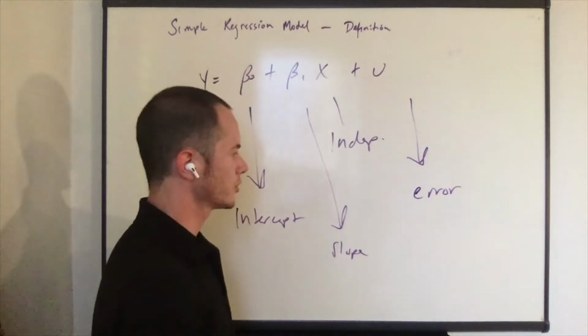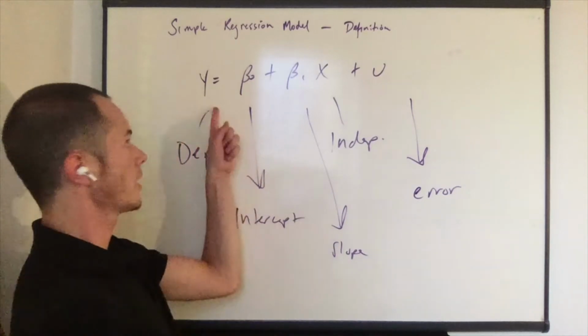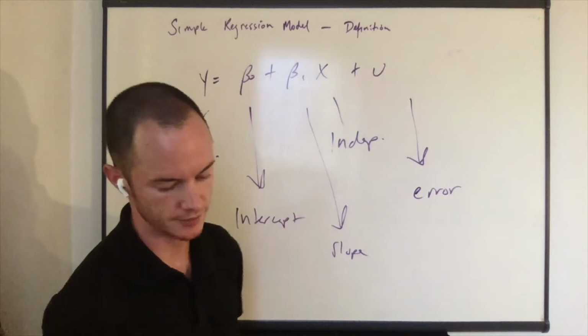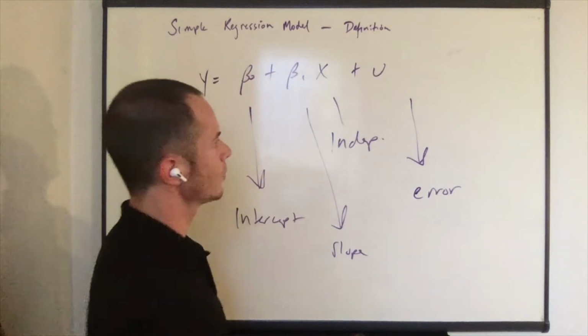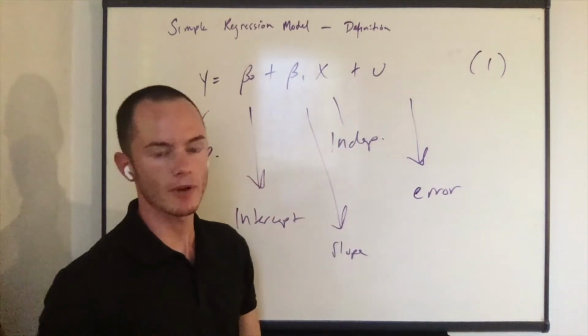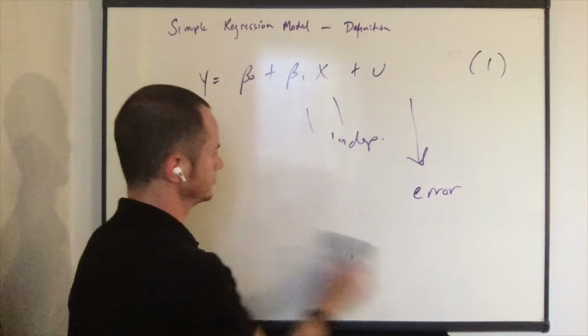Included in this error term is stuff that is unobserved, that affects y, and is unrelated to x. Let's call this equation 1 and further define equation 1.